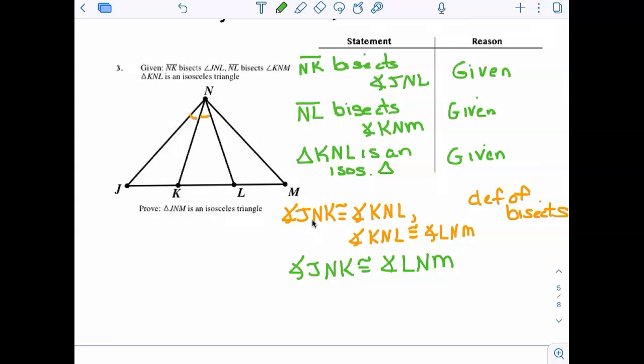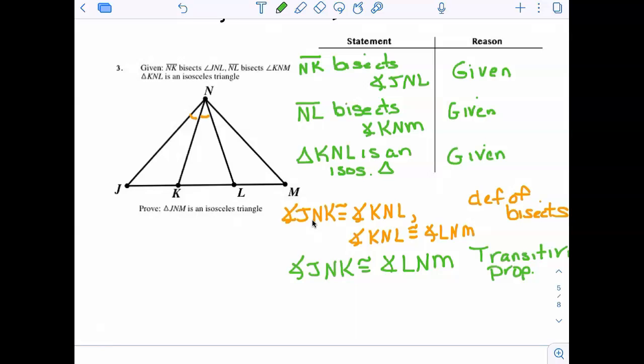And that would be just the transitive property. Okay? Now that's basically everything that the information about those segments bisecting those angles. That helps us with that part, okay?